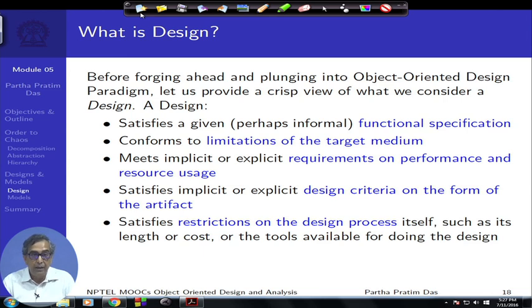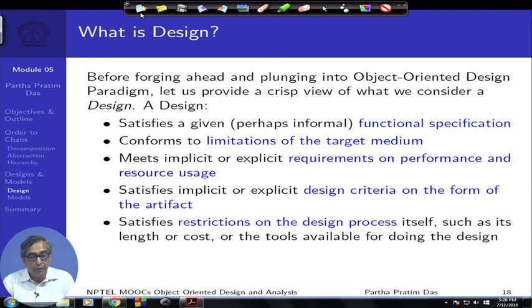And finally, and last but not the least, is certainly design must satisfy the restriction on the design process itself. In order to achieve the above 4, I do not have infinite manpower, I do not have infinite money, I do not have infinite computing resources, tools and so on, to realize that.